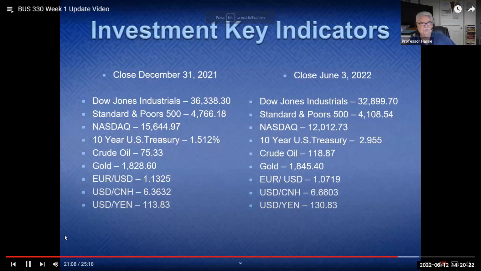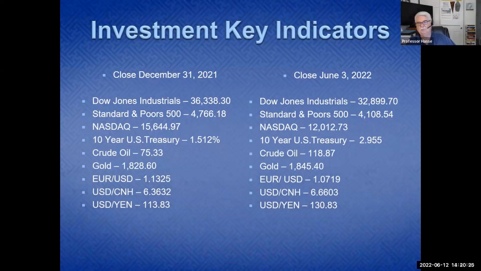If you're doing business overseas and the dollar goes up in value, it makes your goods more expensive overseas. But it means the goods coming into your country as imports are cheaper. Currency is what we're going to also be talking about a little bit in this class as well.